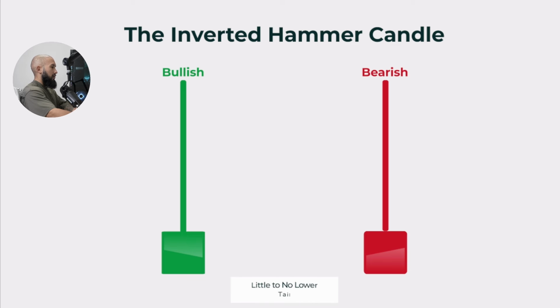Both of these candles have little to no lower tail and a long upper wick, again twice the length of the body.